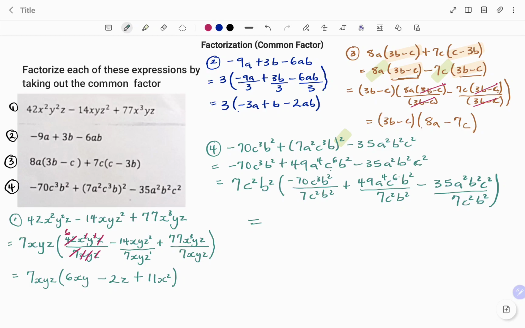That will be, I have my common factor, which is 7c^2b^2, in bracket.